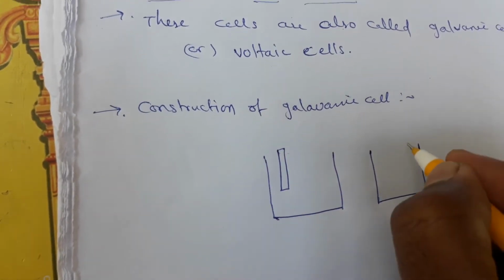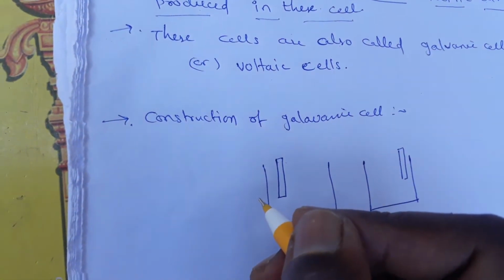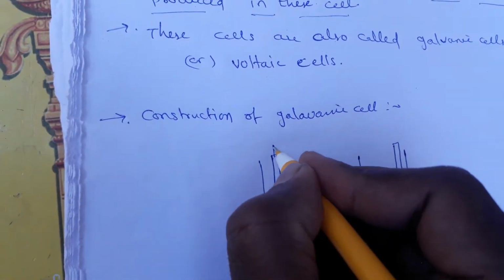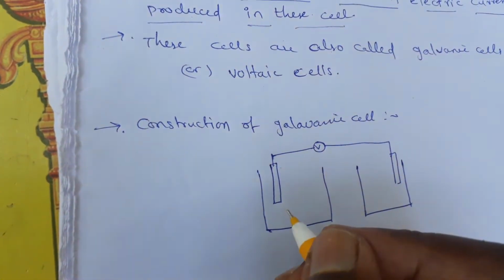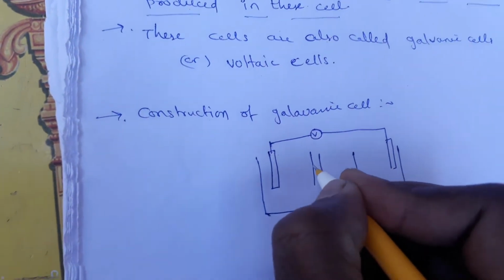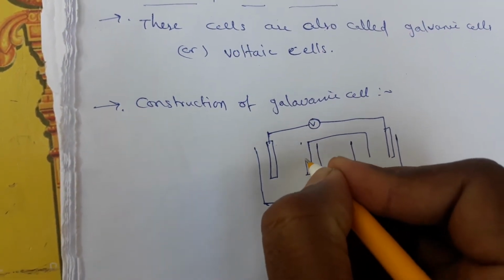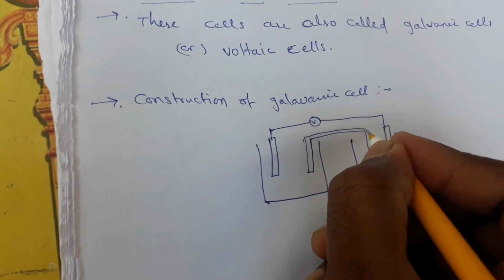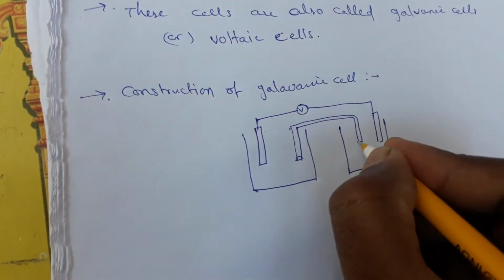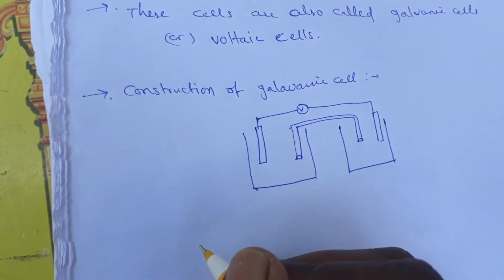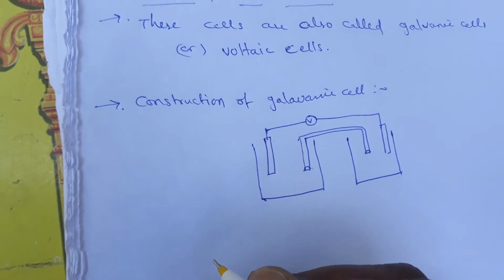From this, the voltmeter is connected, and then we find out how many volts of power are generated from this cell. This is what we call the salt bridge. This is the bridge between the two beakers, the salt bridge between the two electrodes.